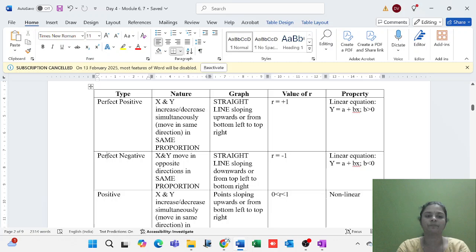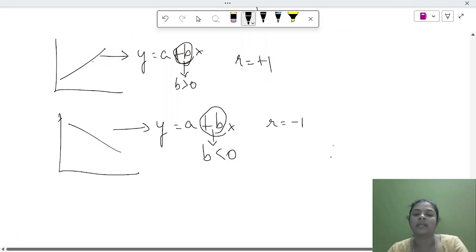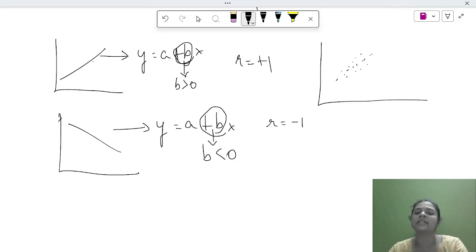Clear so far? Next comes positive correlation, where x and y will increase or decrease simultaneously, like perfect positive only. But the proportion of increase or decrease is not the same. So, it is not a line anymore. It is only a set of points, because you are not able to draw it as a straight line.